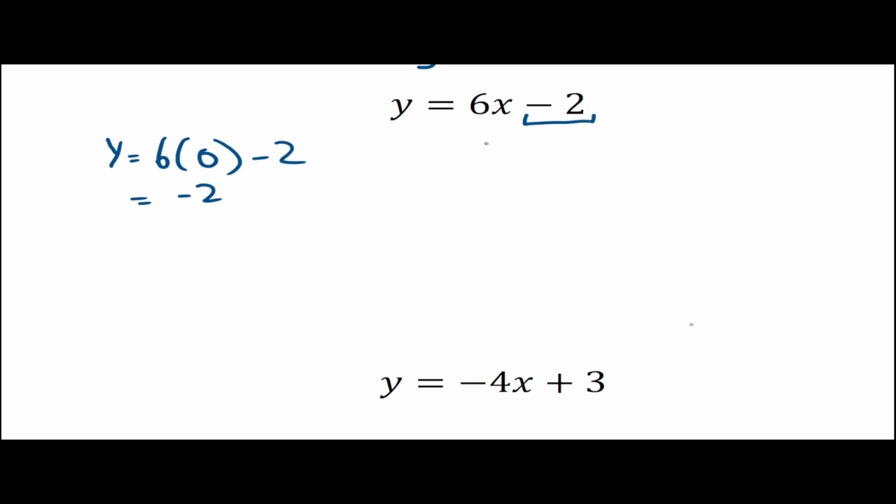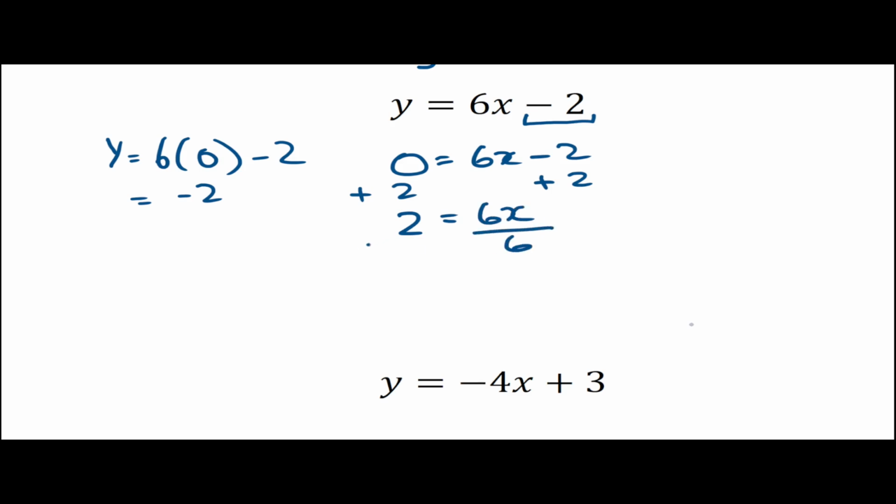Now let's find where it crosses the x-axis. So where it crosses the x-axis, y equals 0. So 0 equals 6x minus 2. I'm going to add 2 to both sides. And then I'm going to divide both sides by 6.